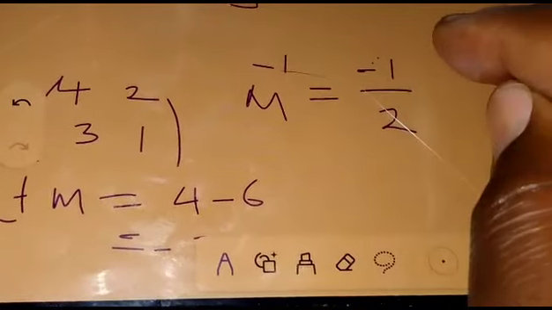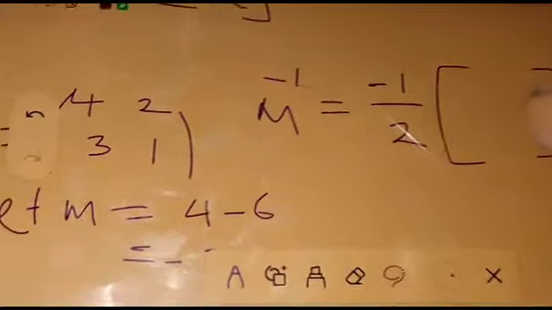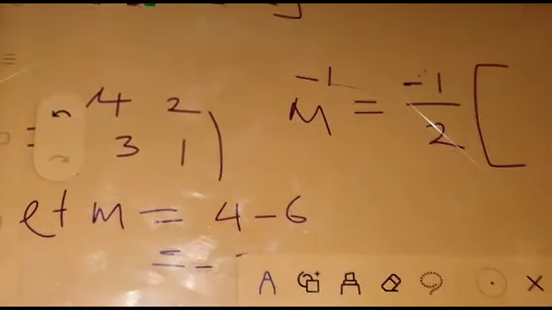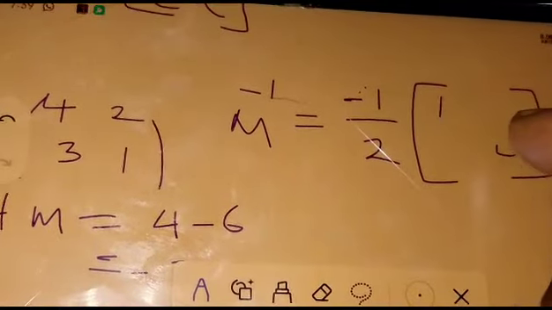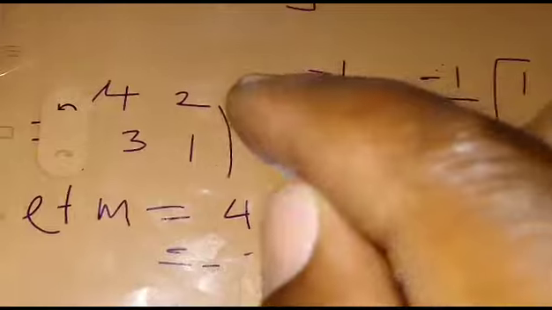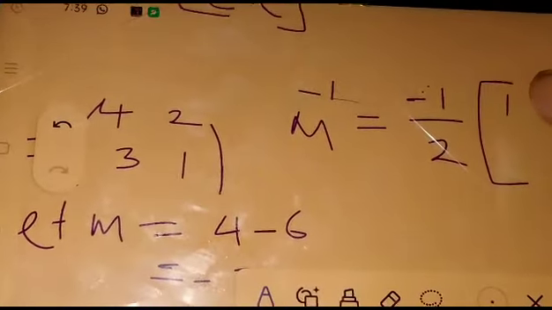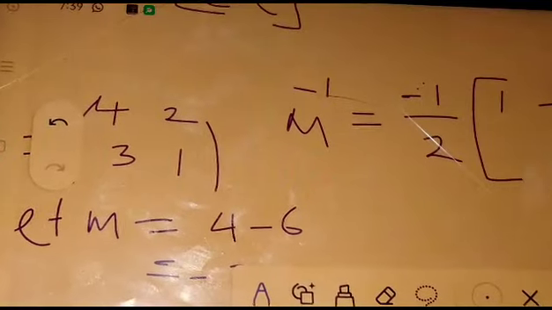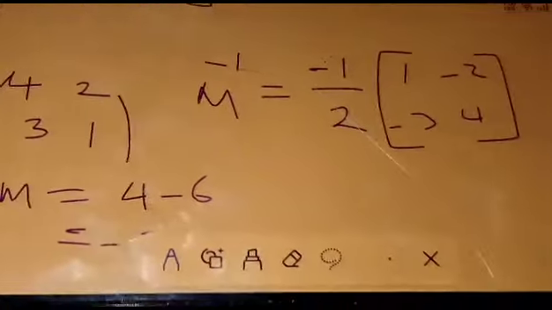Then we have to write the adjoint there, so 4 goes down and 1 goes up, so we have 1, then 4 comes down here, then the rest of the elements in the minor diagonal acquire a different sign, so we have minus 2 and then minus 3, and that's how it is done.